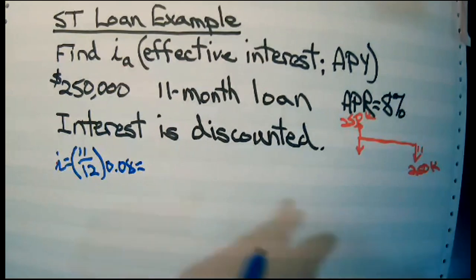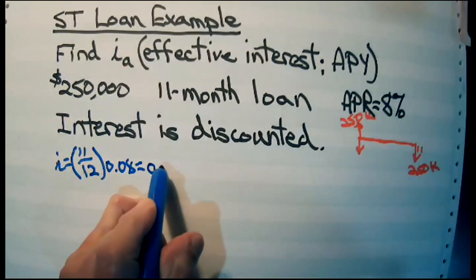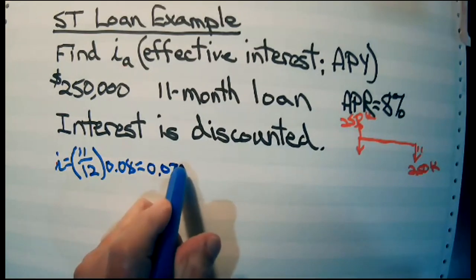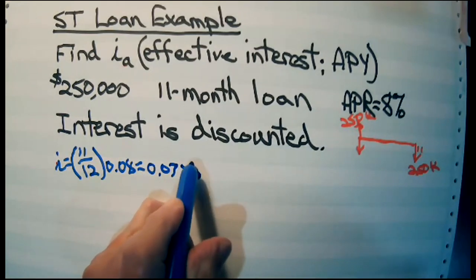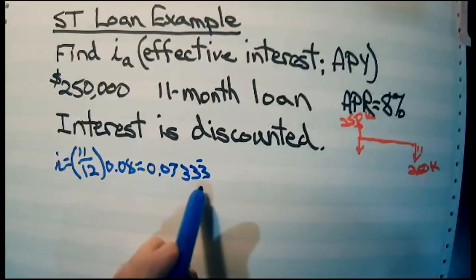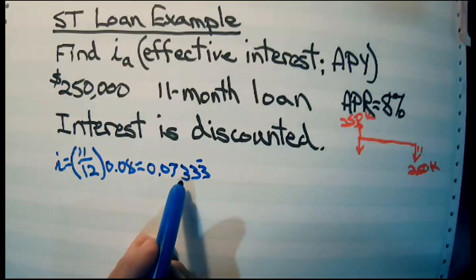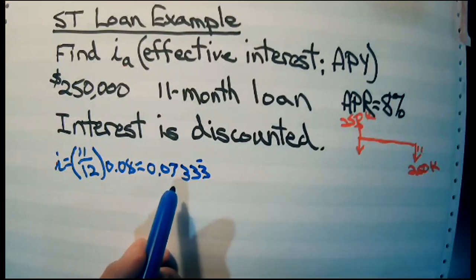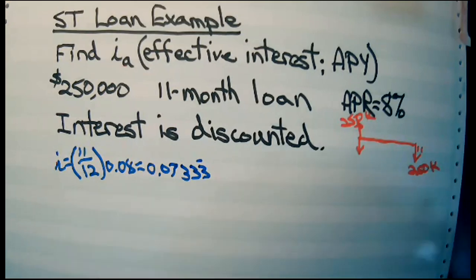And our I then is 0.0733 repeating decimal. Okay, so it's 7 1/3% for the 11 months of the loan. That's what our interest rate will be.